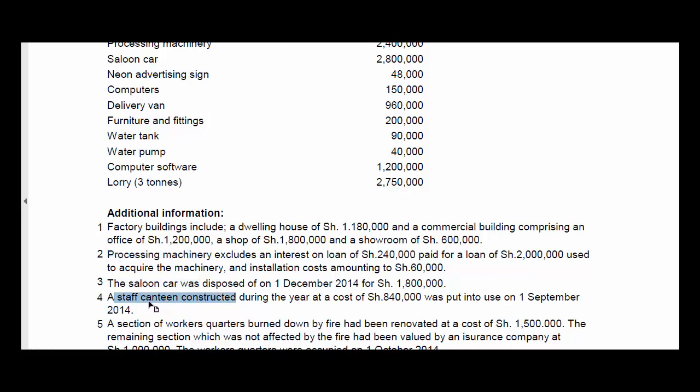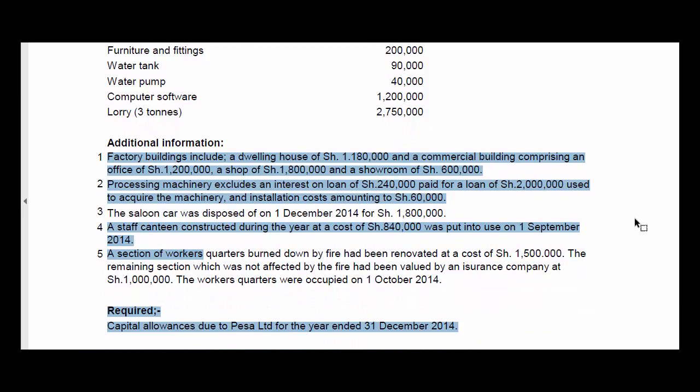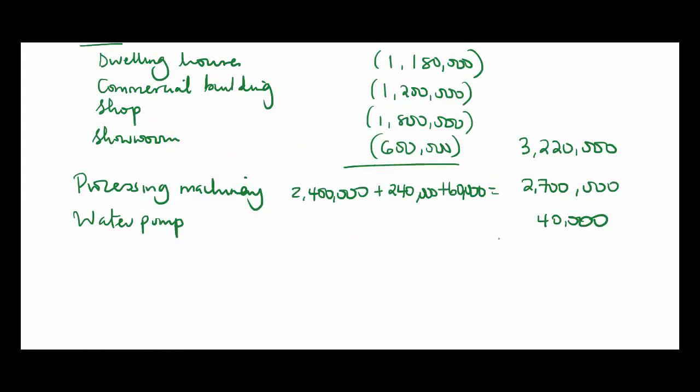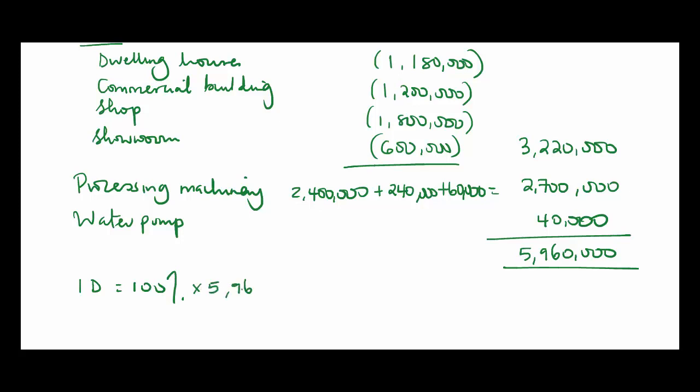Staff canteen is industrial building. Quarters, industrial building. So there's nothing else. So let's add up what we have. This gives you 5,960. So investment deduction is at 100% of 5,960.